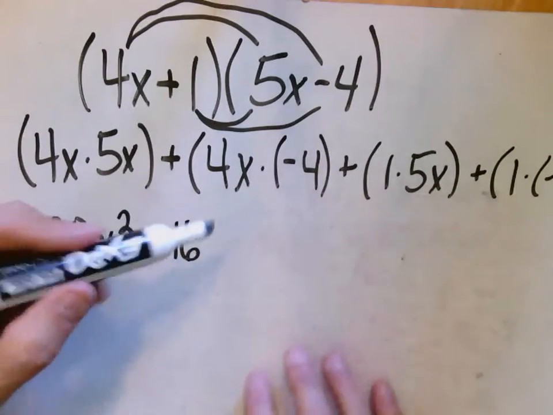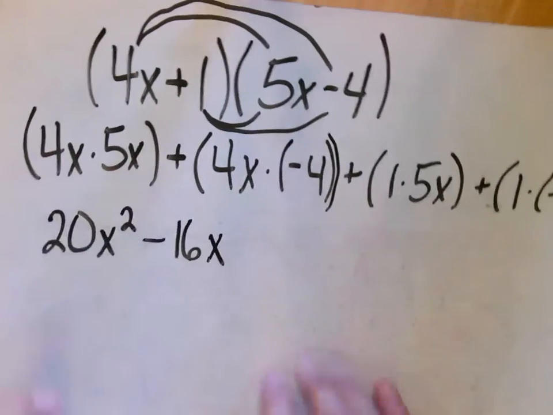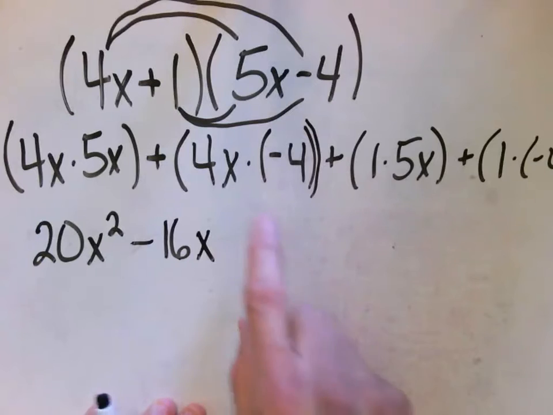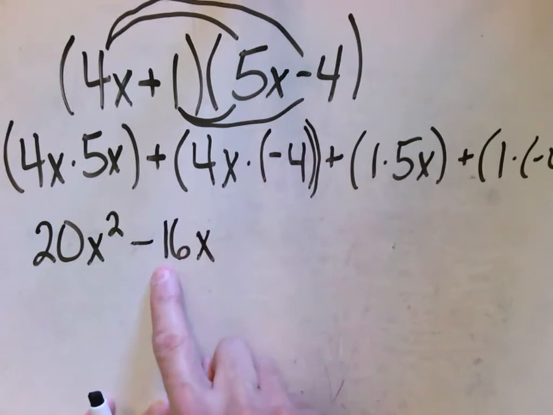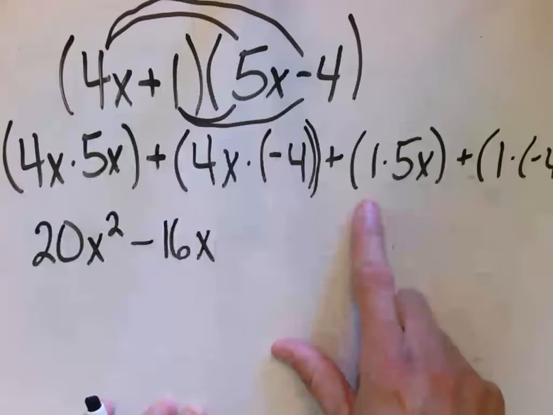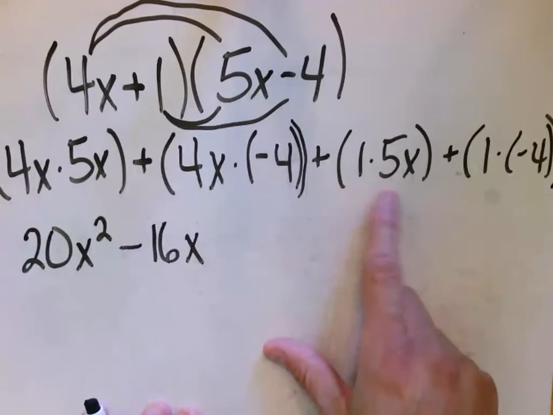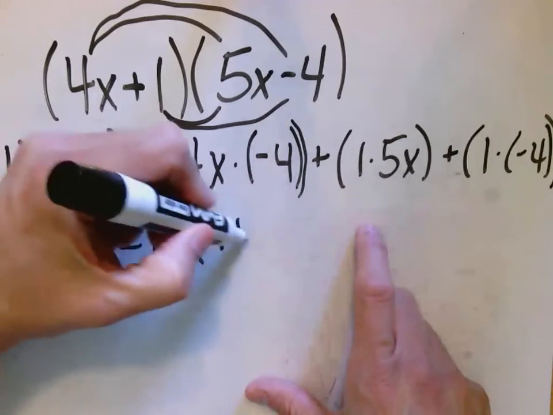Okay, there is no x here on the end. So this is negative 16x. This is where people get kind of messed up. So you want to pay attention to understand, look, I've got 4x times negative 4. That's negative 16. Okay, x times is x, right? Now let's look at this one. This is a positive value. 1 times 5x is positive, so we're going to get plus 5x.